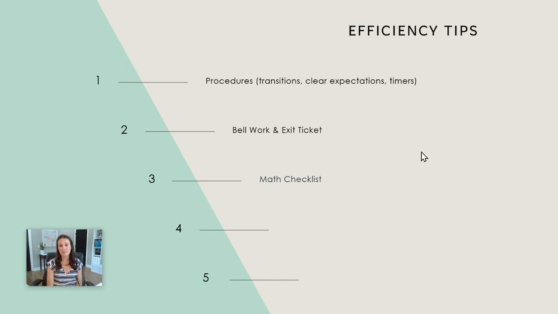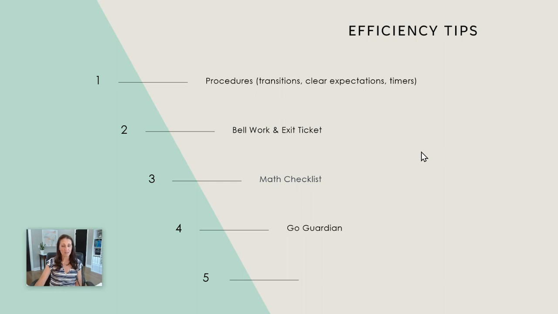It made things really simple and efficient, and it took the burden off of thinking, wow, I've got to do small groups, and I've got to do all these interventions, and I've got to meet all of these kids where they are. The checklist was an efficient tool for facilitating that.